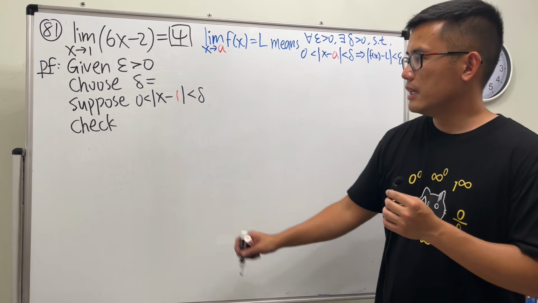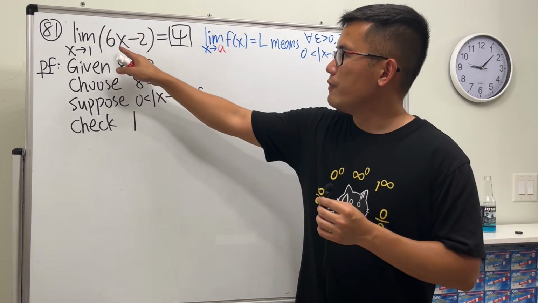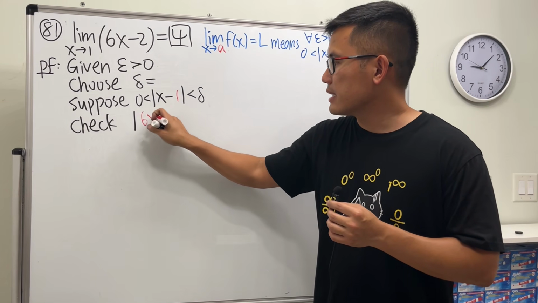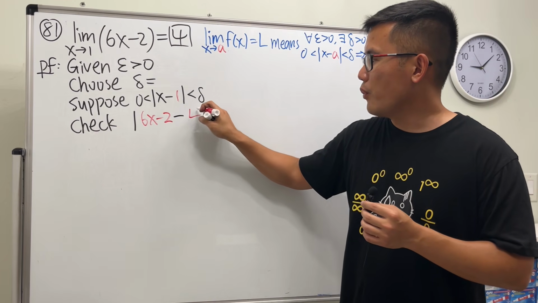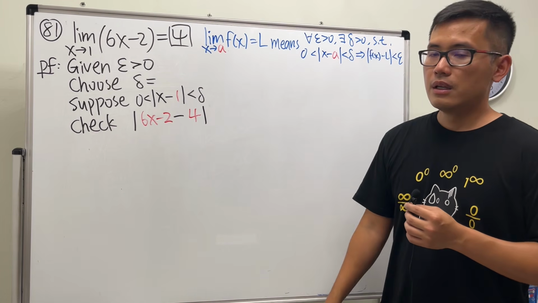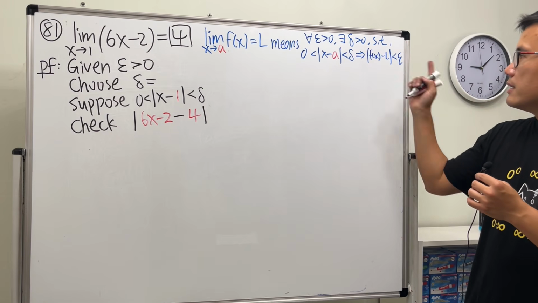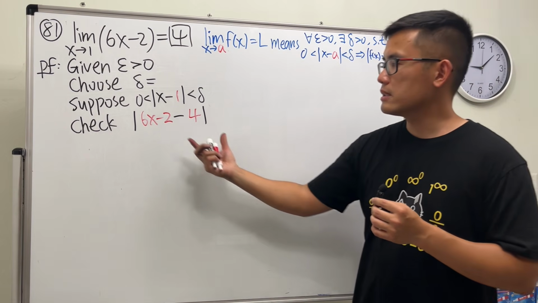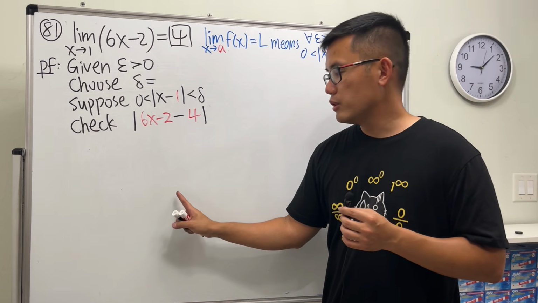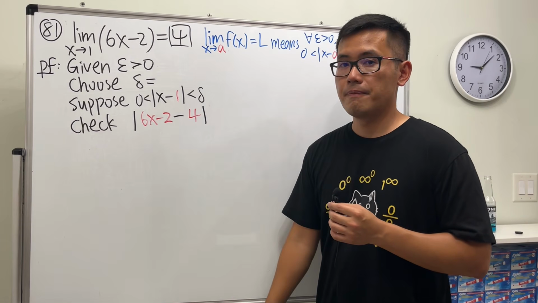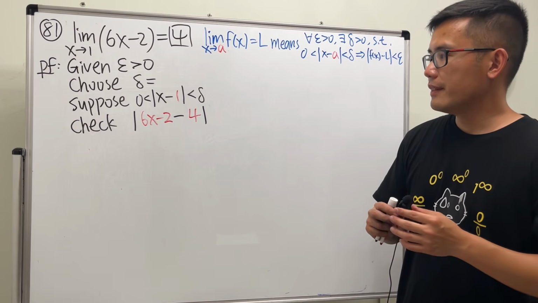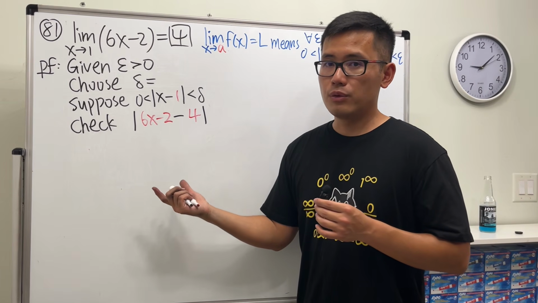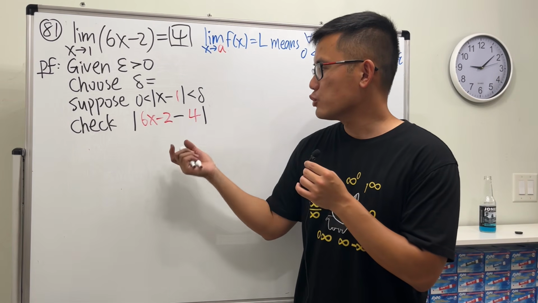Check what? The absolute value, our function is 6x minus 2. And then minus the L, which is 4. Okay? Function minus L. And then we hope to show that this right here is going to be less than epsilon. Okay, so this is the general framework. Now, this is the part that we will have to do the most amount of work, and then just do some algebra first.